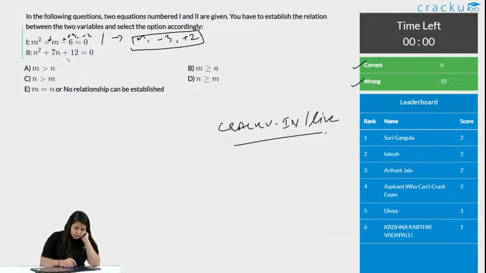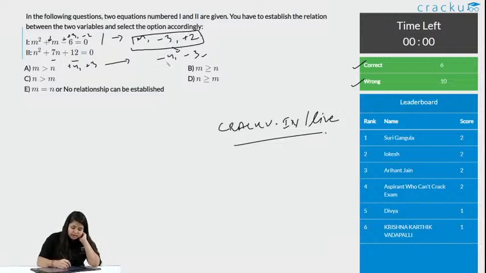For this one, we need a number which on multiplying gives 12 and on adding gives 7. That is very simple: 4 into 3 is 12 and 4 plus 3 is 7. Both values are positive, plus 4 and plus 3. When you take them to this side, it is minus 4 and minus 3. So, minus 3 is equal to minus 3, one we have equal, and minus 3 is greater than minus 4.